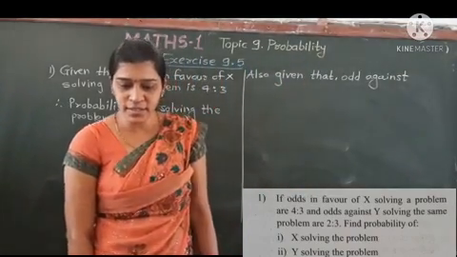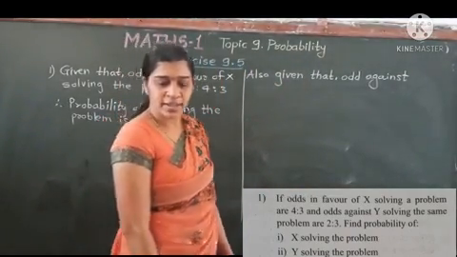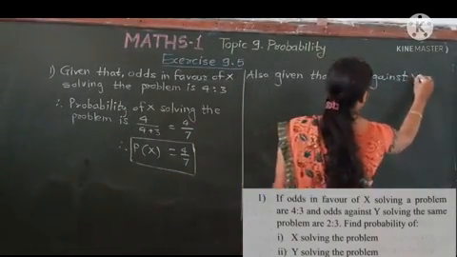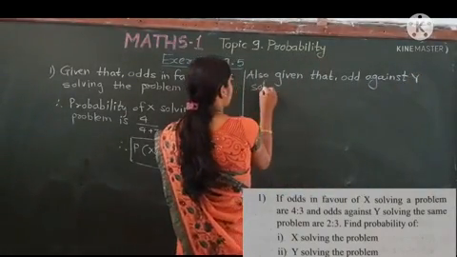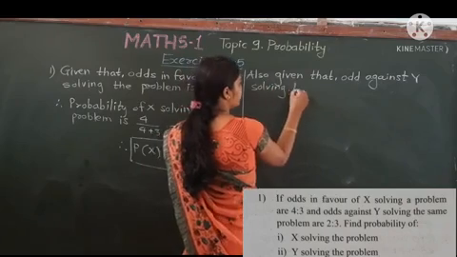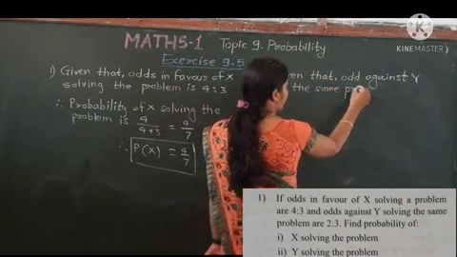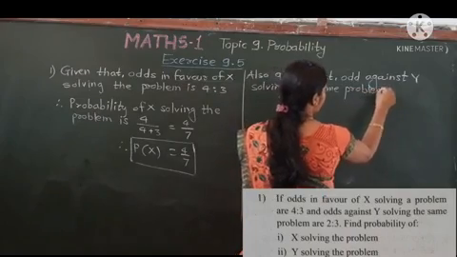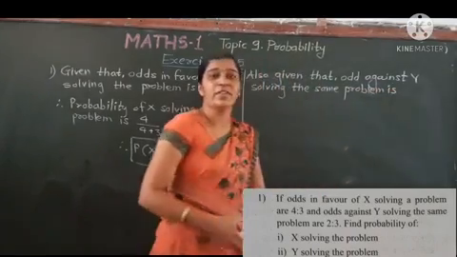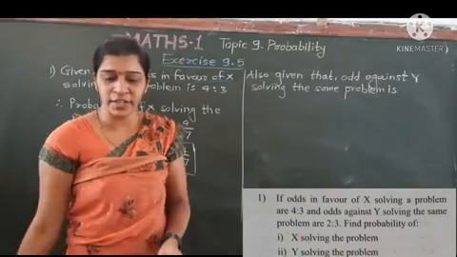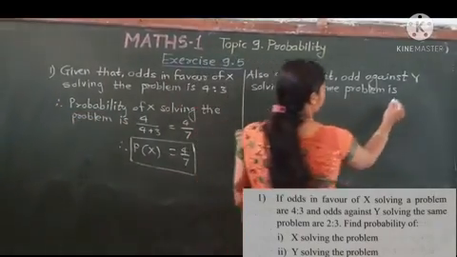Odds against y solving the same problem. We have been given the ratio. What is the ratio given here? 2:3.